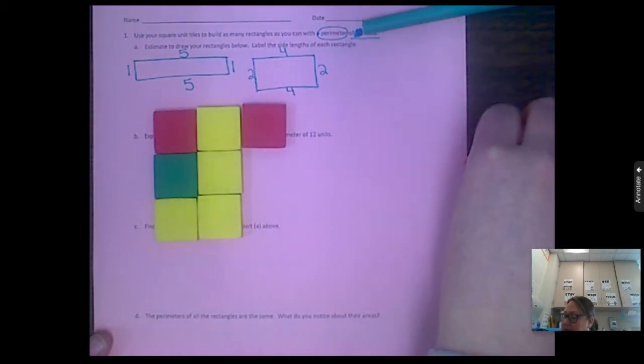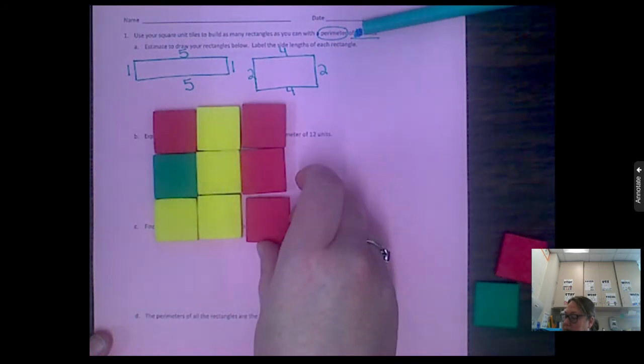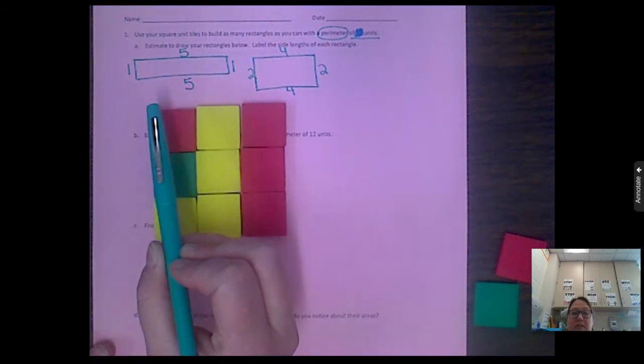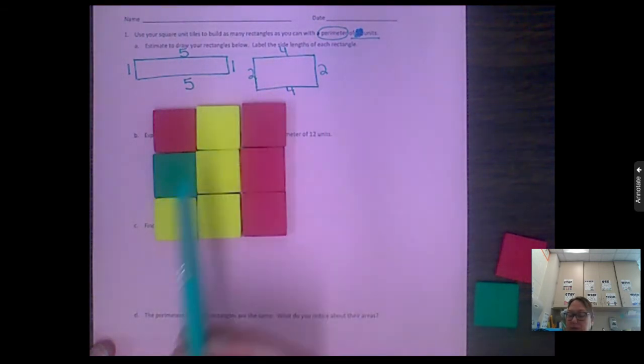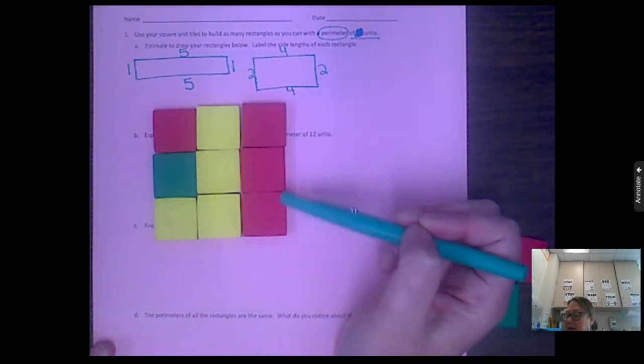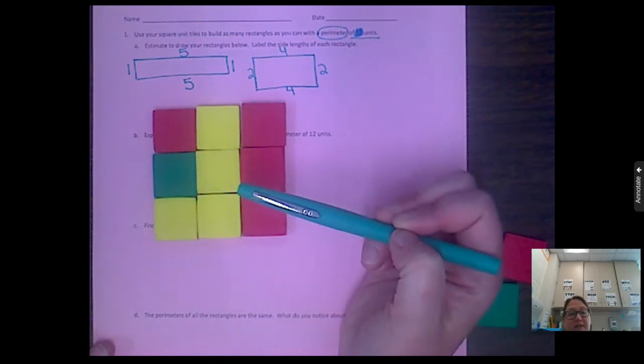It's not enough, so we'll try adding another one and see what we come up with. Let's try that. Okay, so let's look at our side lengths. We have 1, 2, 3, 4, 5, 6, 7, 8, 9, 10, 11, 12. That works.